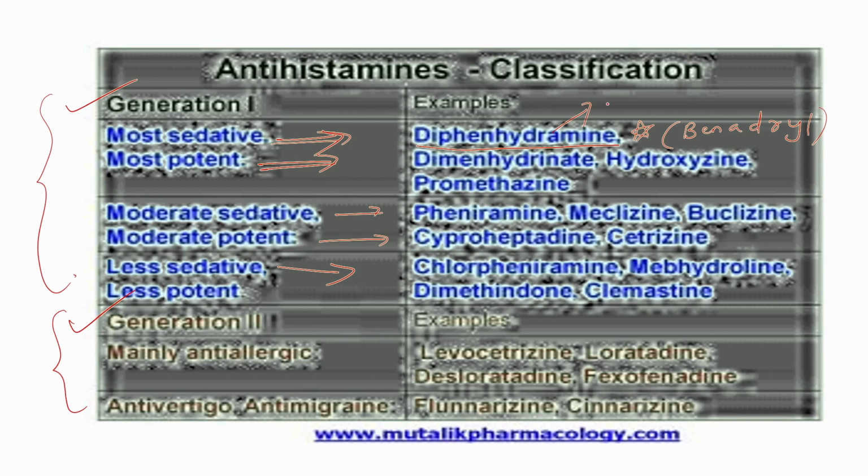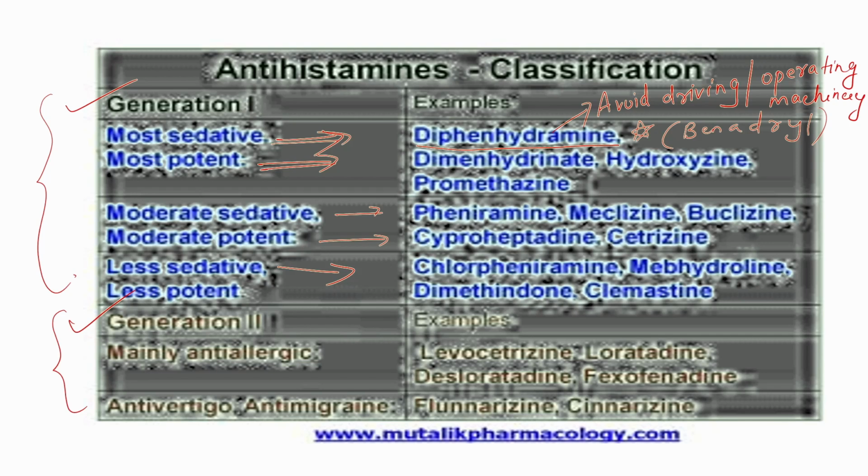If a person is taking diphenhydramine, it is important to avoid driving or operating any machinery. That is a very important question which we are seeing in different examinations. Okay, so driving or operating machinery to be avoided.